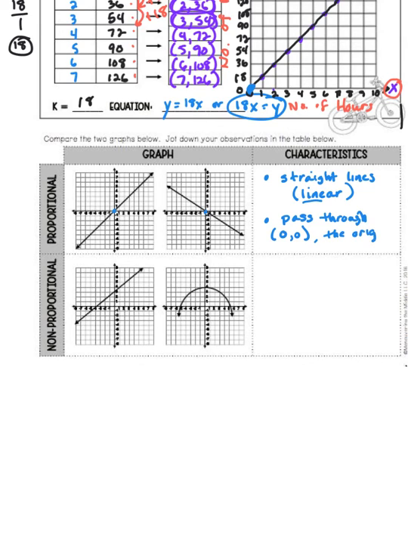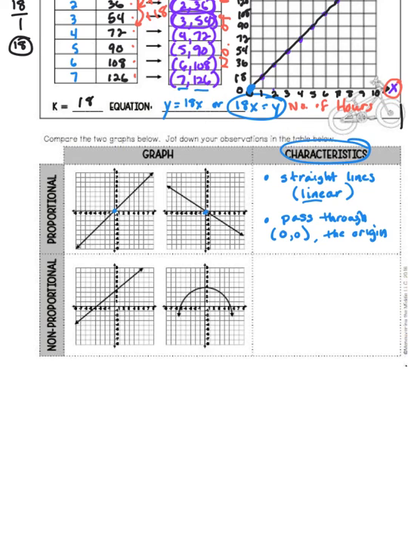In fact, when we're graphing, we would go back to the origin and count whatever number they gave us. For instance, we started at the origin and went 7 to the right, and then we went up from that point to 126. So the characteristics of a proportional graph are that it has to be a straight line, and it must pass through or start at that origin.